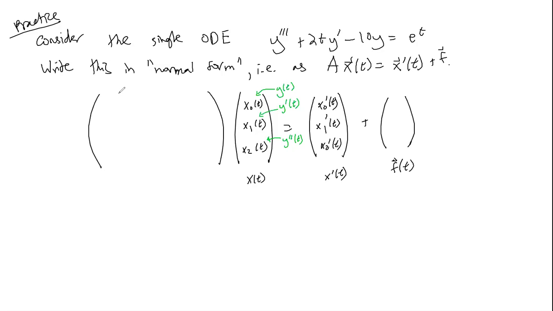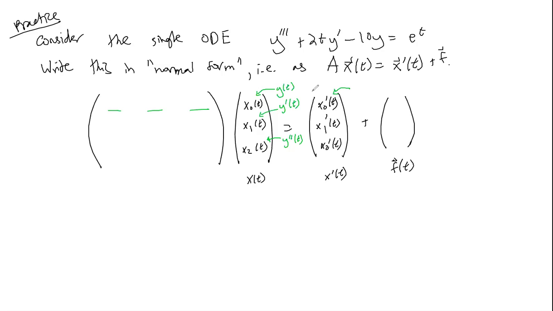So if we look at the first row, we multiply it by this first column. That means this term times y of t plus this term times y prime of t plus this term times y double prime of t has to equal x0 prime.